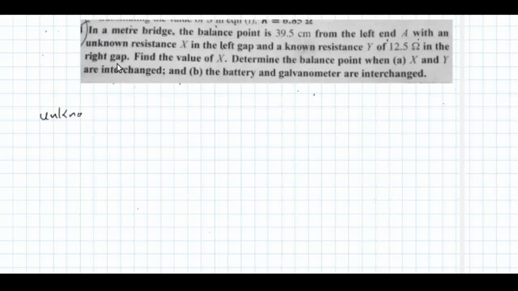The unknown resistance can be found using the equation X equal to L by 100 minus L into R. What is L?